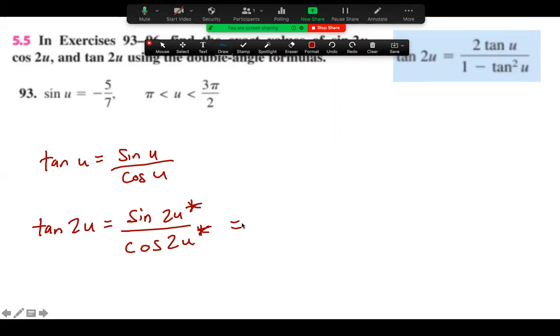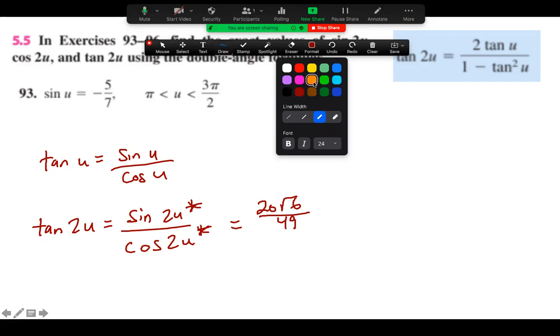Okay, so I already had an answer, and if you don't believe me, just rewind the video a little bit. We found the value of sine of double u. That was literally 20√6 over 49, right? A little bit of a nasty answer, but correct nonetheless.